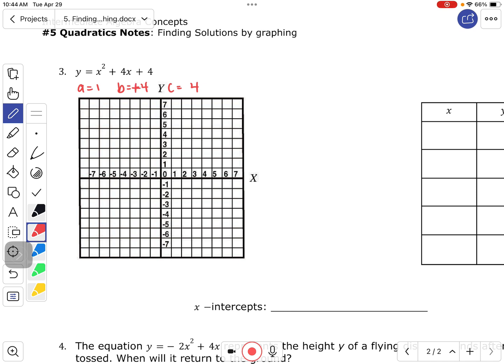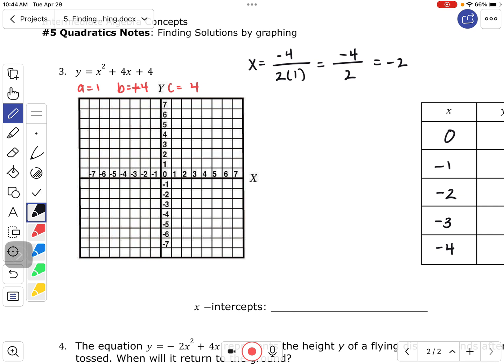Don't take the opposite yet. Okay, so x equals opposite b. It was a -4, so now it's going to be a +4. Hmm, actually, b was -4, so the opposite is 4 divided by 2 times 1, my a value. So that gives 2, and the x-values are -2, -3, -4, -1, 0.